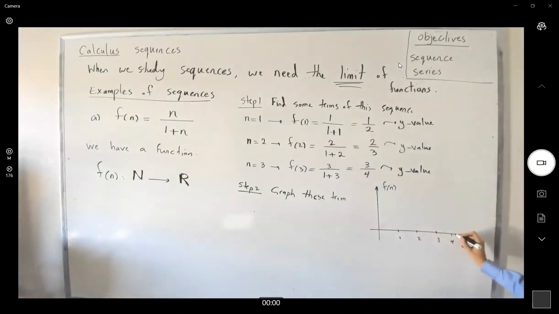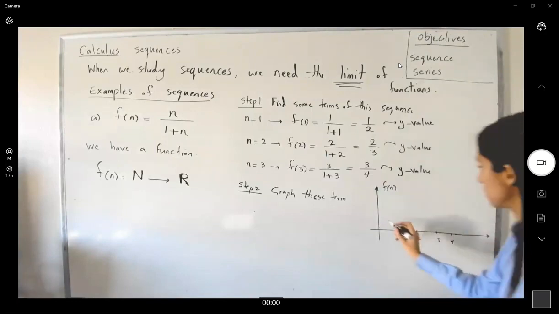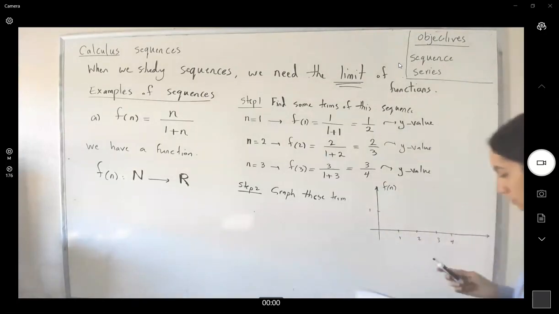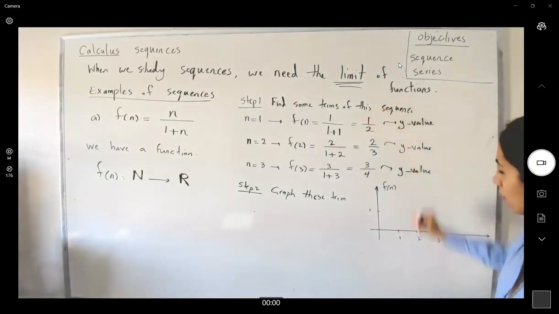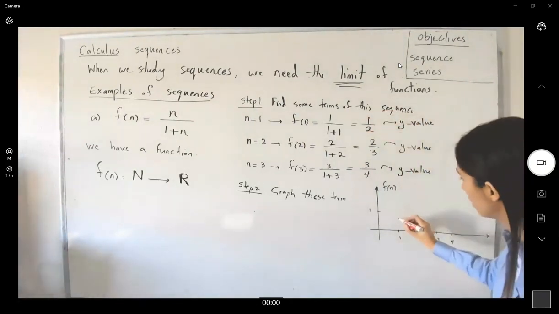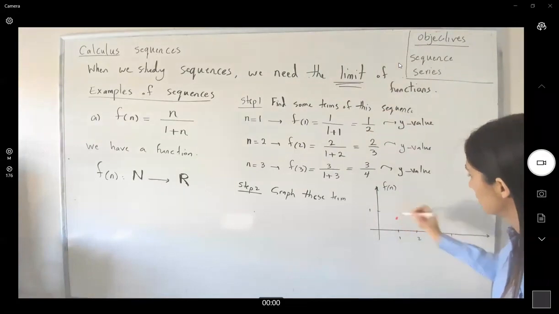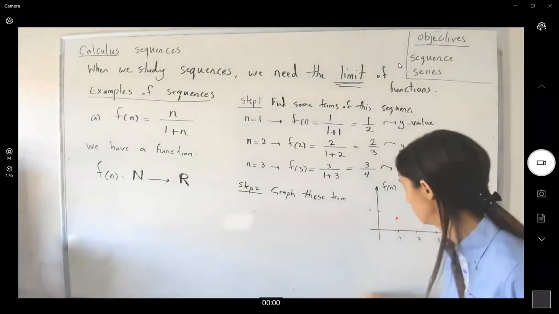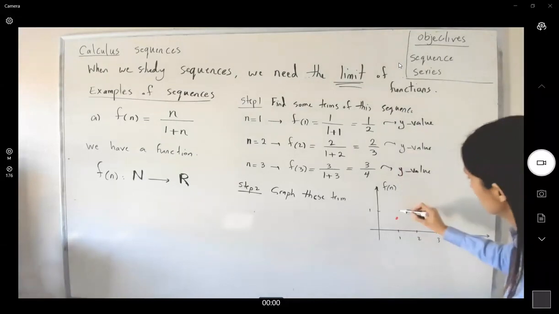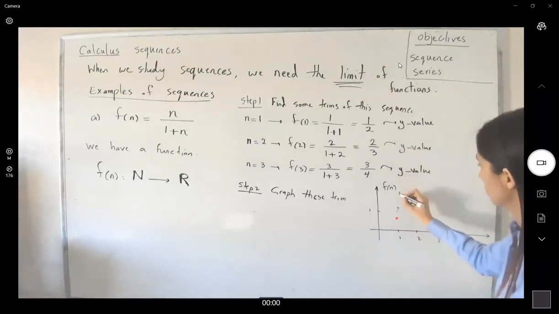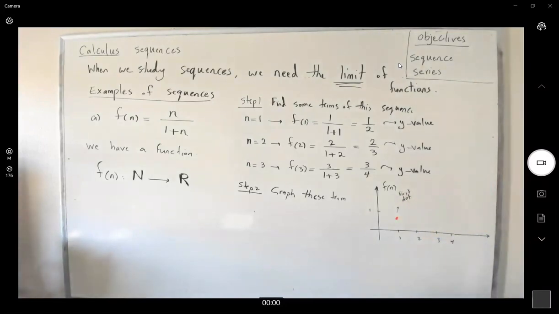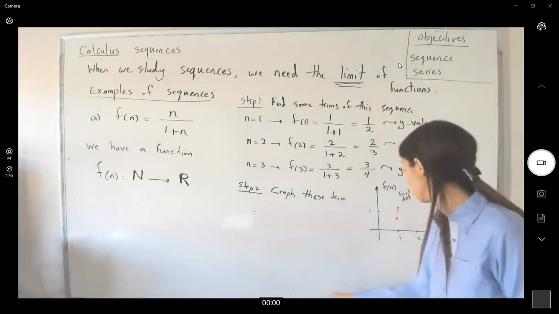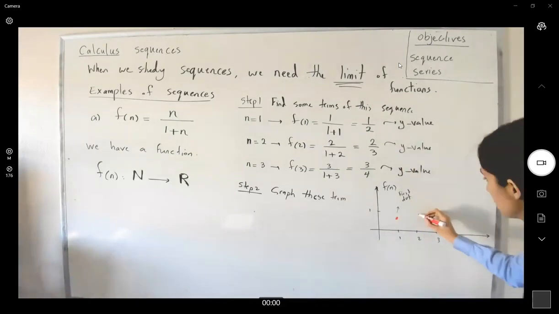This line continues, guys. N goes to infinity. And here you have 1. Our first y value is a half when n is equal to 1. This is our first dot. Our second dot, 2/3, a little bit further on here.